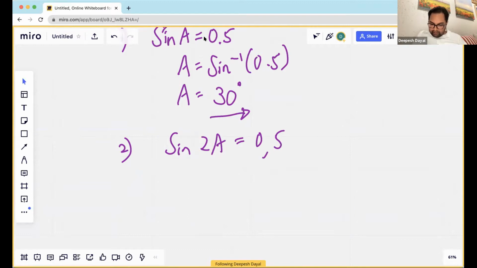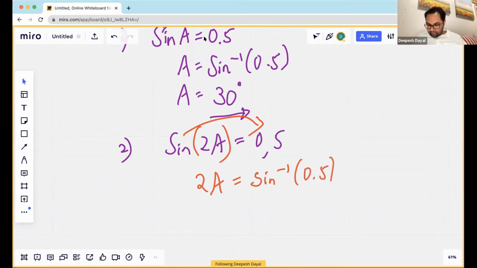Because this is an angle. So we have to first take the sine over. Then we say 2A equals to shift sine of 0.5, right? You see, so 2A equals 30. So A will then equal 15 degrees. Can you see that? Yes, sir.